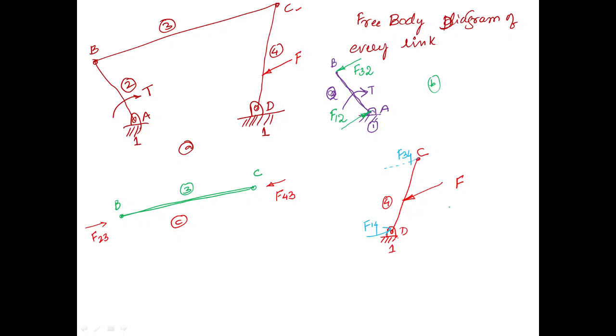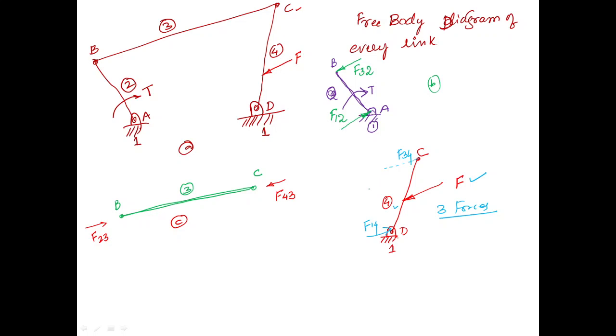F14. Now how many forces are acting on this link 4? 3 forces. F is the external force, F34 is the force exerted on member 4 because of link 3. Similarly, F14 is the force exerted on link 4 because of link 1.